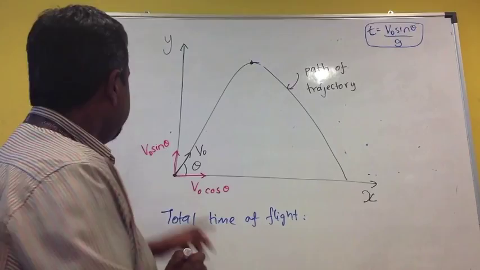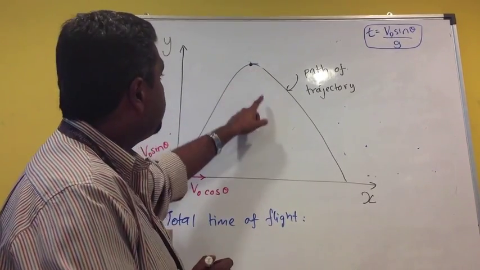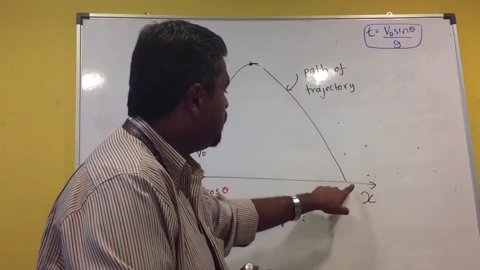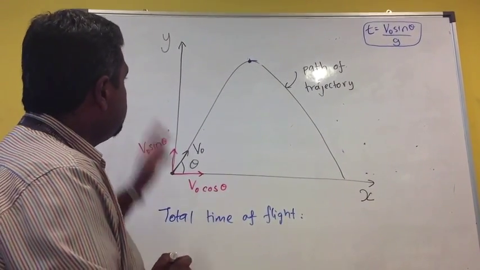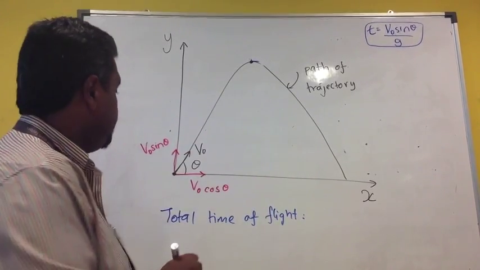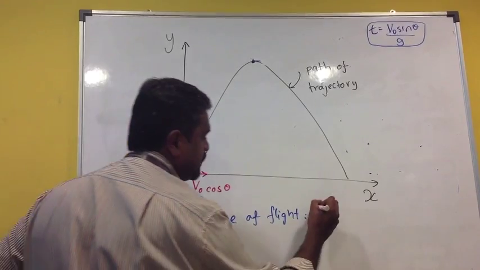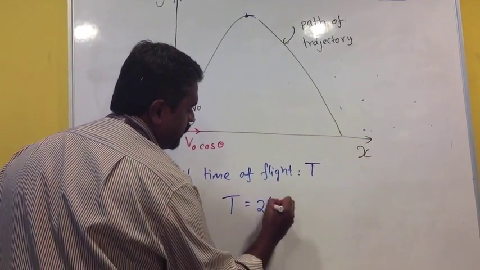Which means, if it takes 5 seconds to go from here to here, I would think that it would take 5 seconds to come back from here, back to its position here. Now this is simply because the only thing affecting this object is gravity. Therefore, if the total time of flight is T, then I can confidently say that T will equal 2t.